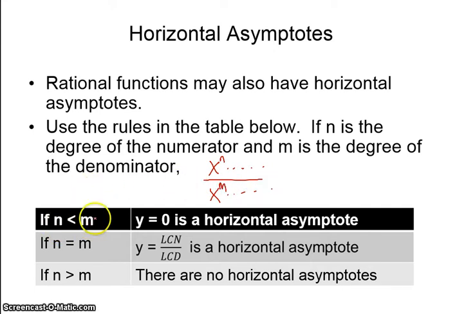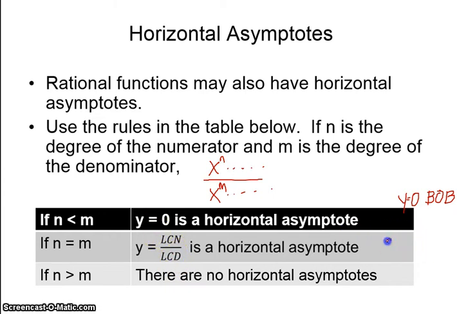If n is less than m, so if it is bigger on bottom, because the m is more, then y equals 0 is your horizontal asymptote. I'm going to call that yo-bob, because it's y equals 0 when it's bigger on bottom. If the highest exponent is the same for both your top and bottom, then you are just looking at your coefficients out front.